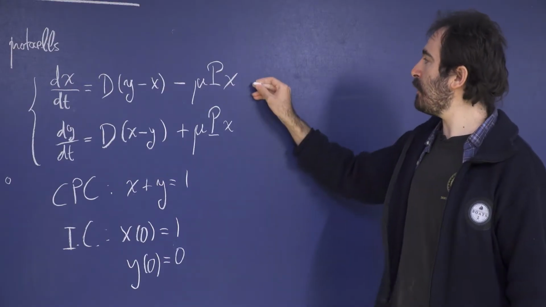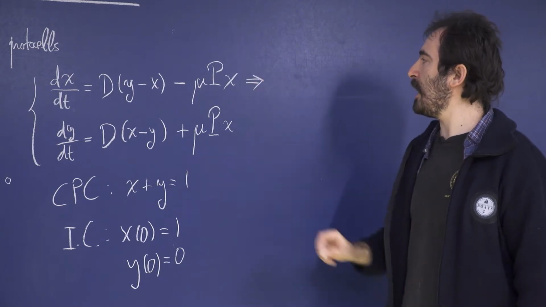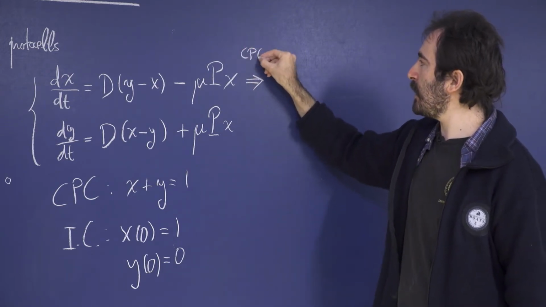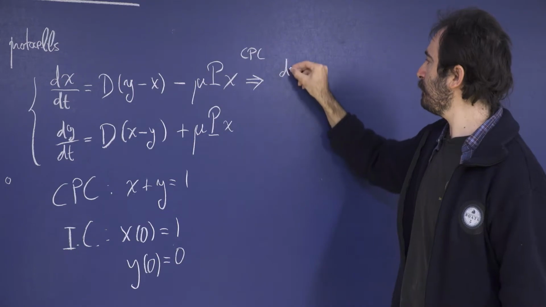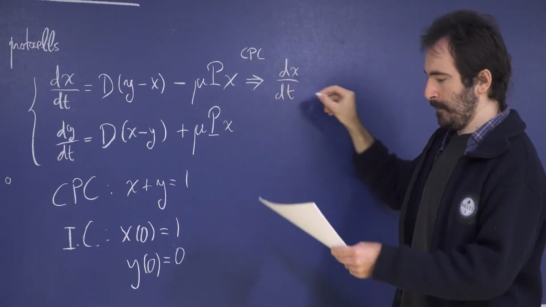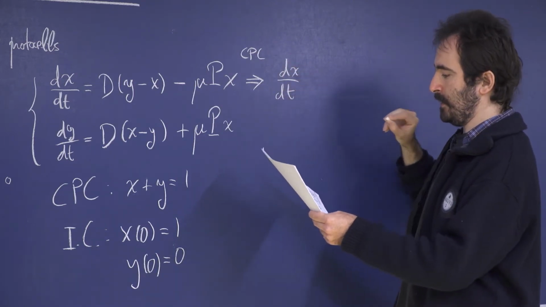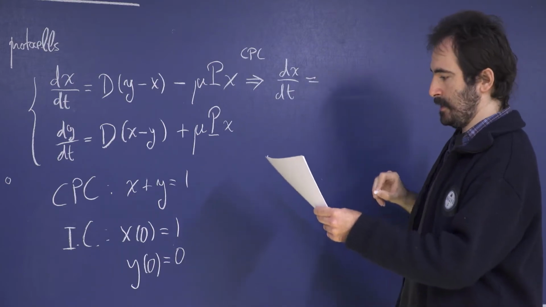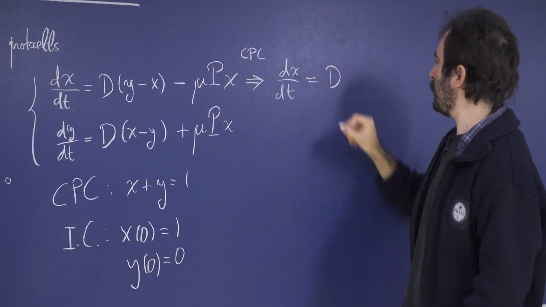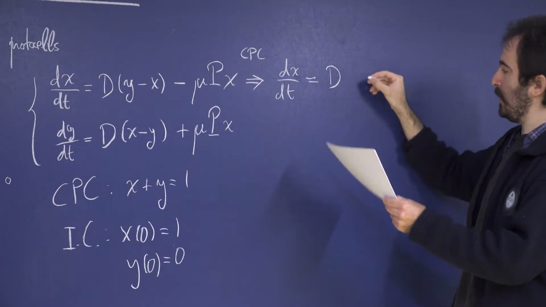If I do focus on variable x, notice that I can take this equation, and using, again, the constant population constraint, I can write it as follows. And I'm going to move a little bit faster here so that we don't lose ourselves in the details.